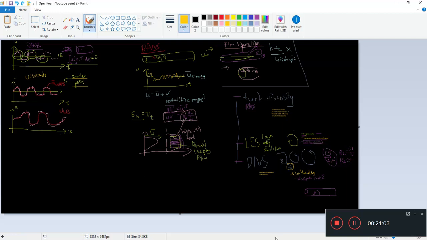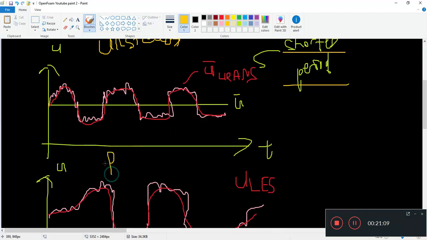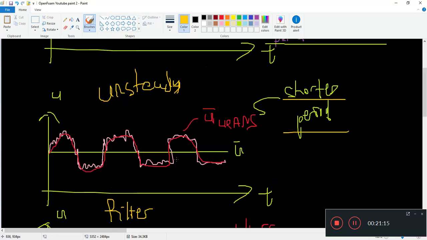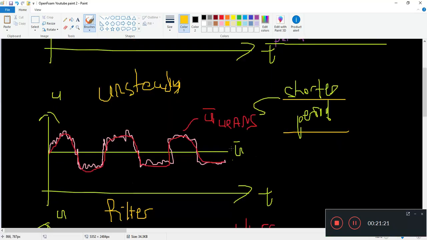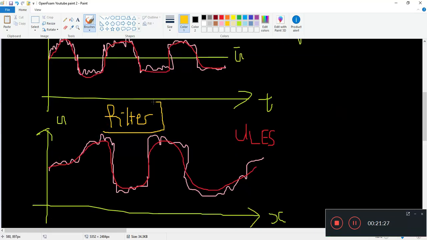In LES, this process is called filtering. It's very similar to averaging. You don't resolve every single bit of the velocity like DNS. So you do some sort of average for Reynolds average Navier-Stokes. For LES, this process is called filtering.